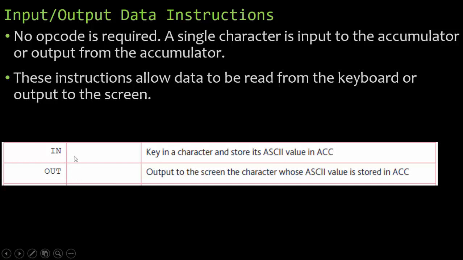So if we see IN, we're going to key in a character and store its ASCII code value in the accumulator. If we use OUT for output, we output to the screen the character whose ASCII code value is stored in the accumulator. So if we had OUT 65, that would output the capital A because the ASCII code value of capital A is 65. And like I said, we'll look more at that trace table in an upcoming video.